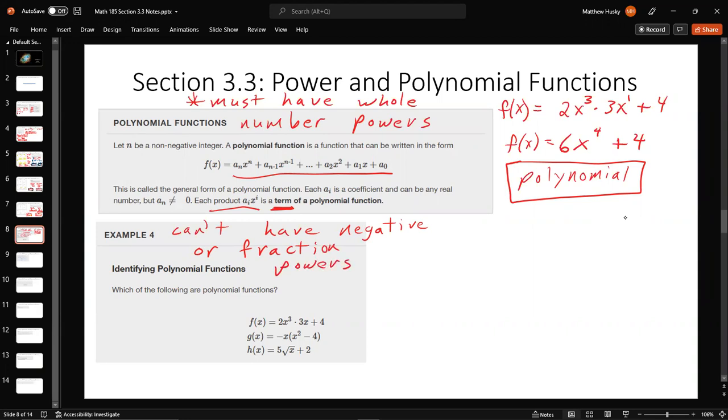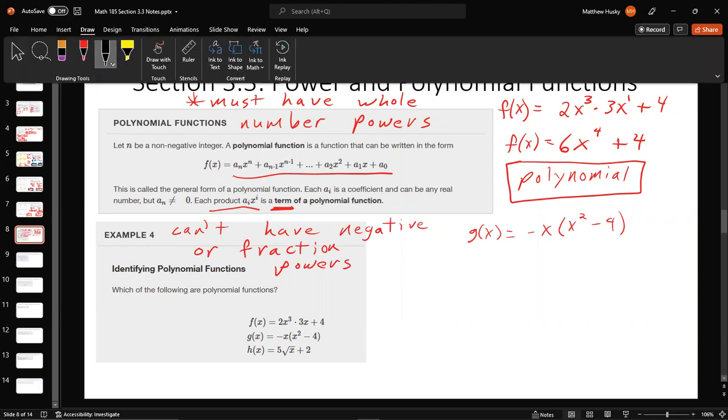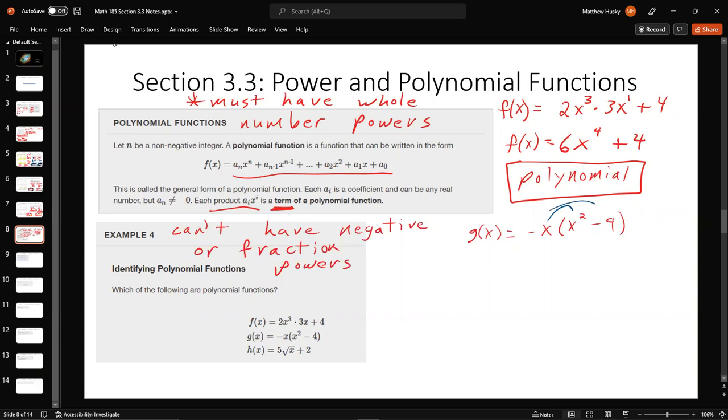So let's look at the next function they gave us, which is g of x. And they tell me that's negative x times x squared minus 4. Kind of like the previous one, we would want to use our distributive property to simplify this. A negative times a positive will give me a negative result. So that's going to be negative.